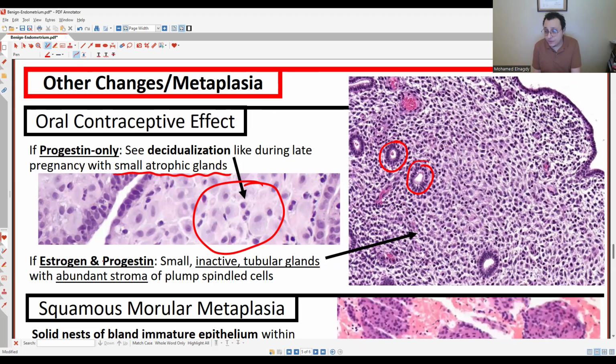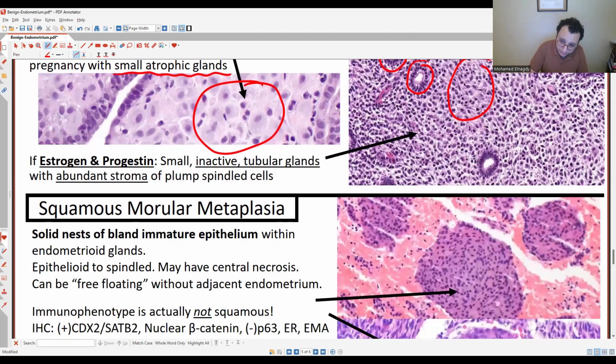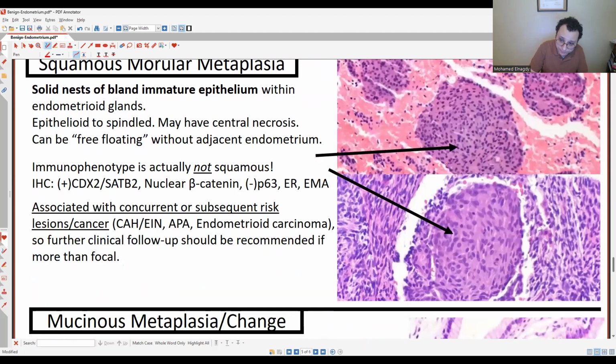This is decidualization change, or decidualized endometrium, because we see epithelioid stromal cells with abundant clear to light pink cytoplasm and widely spaced atrophic endometrial glands. Make sure you know that. Remember this. This is also important.